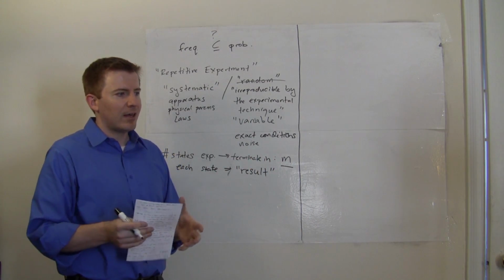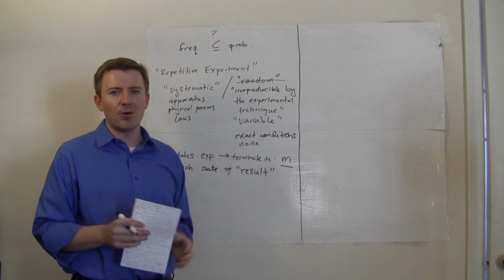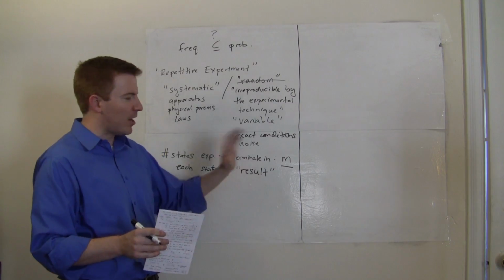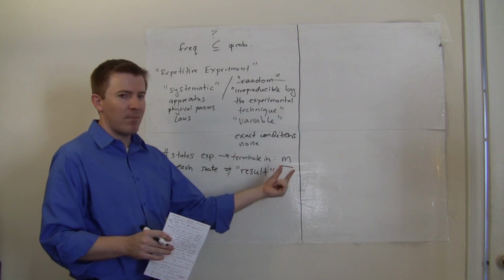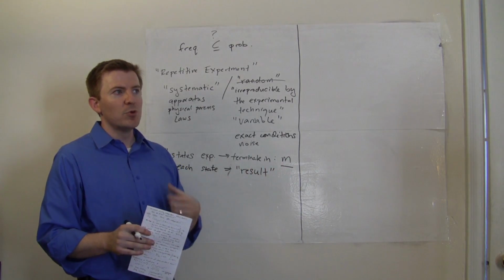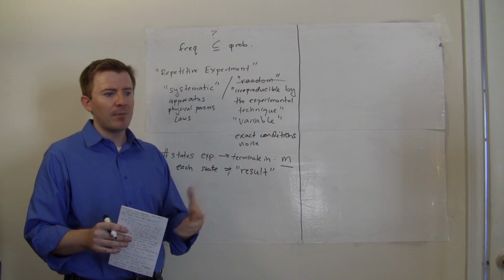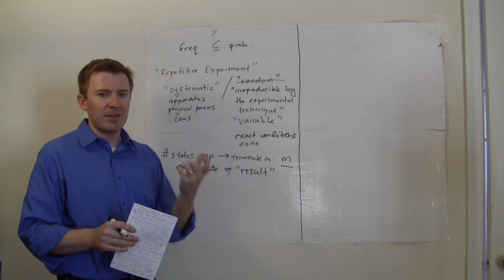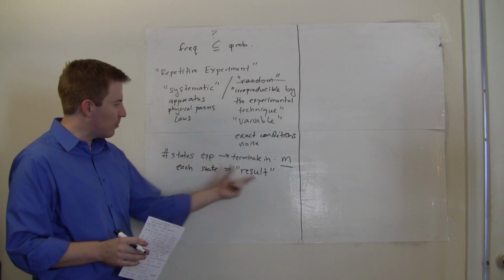We may think we have a handle on all the possibilities, and then we may observe a new one and change our whole thought structure. We're not going to dwell on this too much, but just to emphasize that even this number m comes to us through some amount of prior information that we bring to the problem, and it may just be manifestly obvious from looking at the experiment. So each time we do it, we get a result.